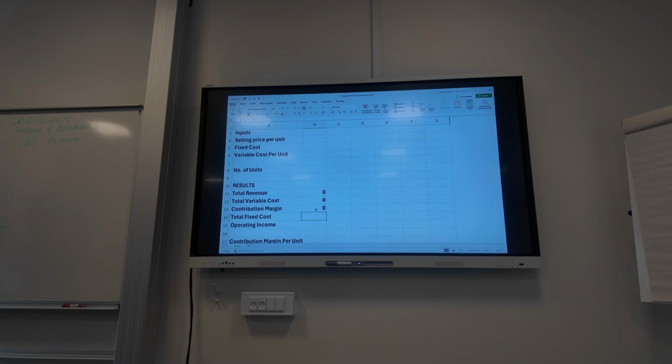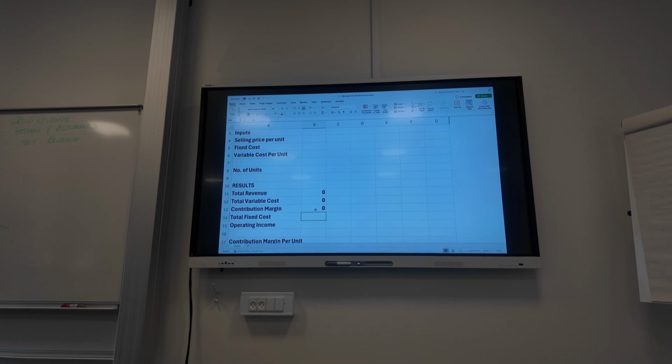Is there any other name for contribution margin? Can we only call it margin? No, because you have different levels of margin. Somebody would call this operating profit margin, somebody would call everything net profit margin.